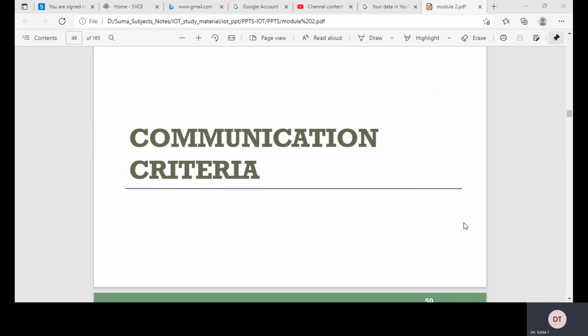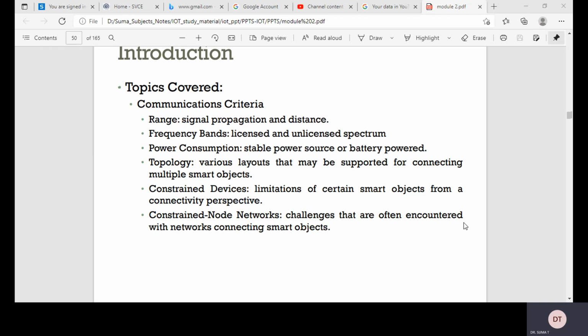The various technologies used for connecting sensors can differ greatly depending on the criteria used to analyze them. And the other one is the access technologies. First, we'll take the communication criteria.